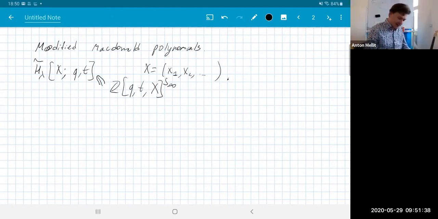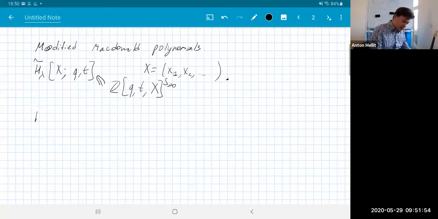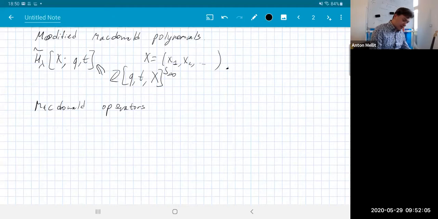Sure. Okay. So there are modified Macdonald polynomials. And once you mention them, there is a whole package of stuff you should mention. There are so-called Macdonald operators, which are some kind of q-difference operators.